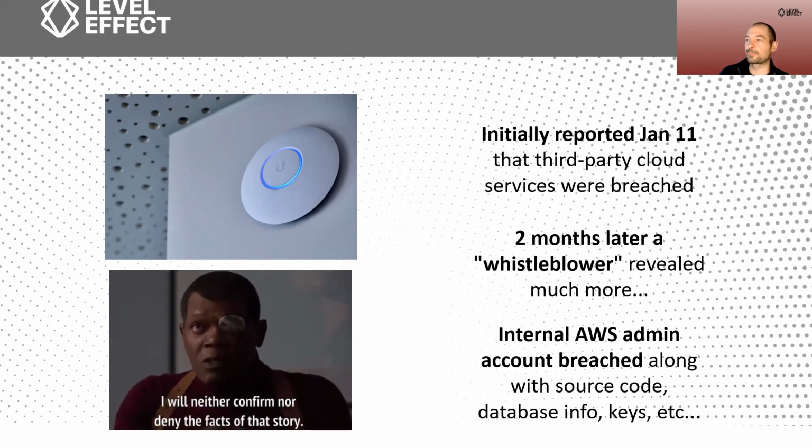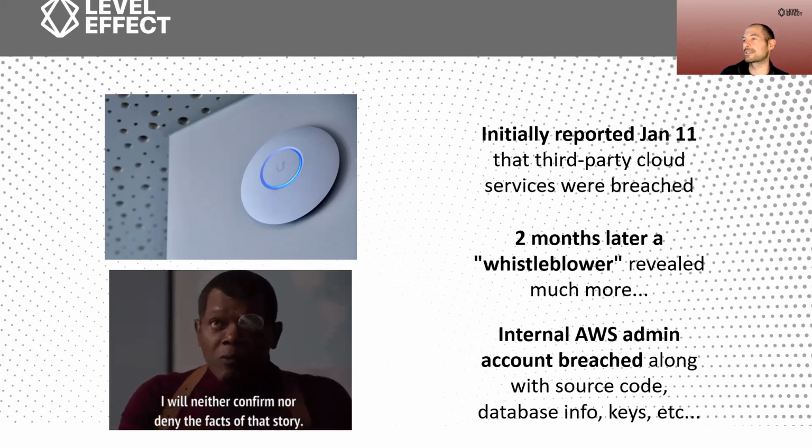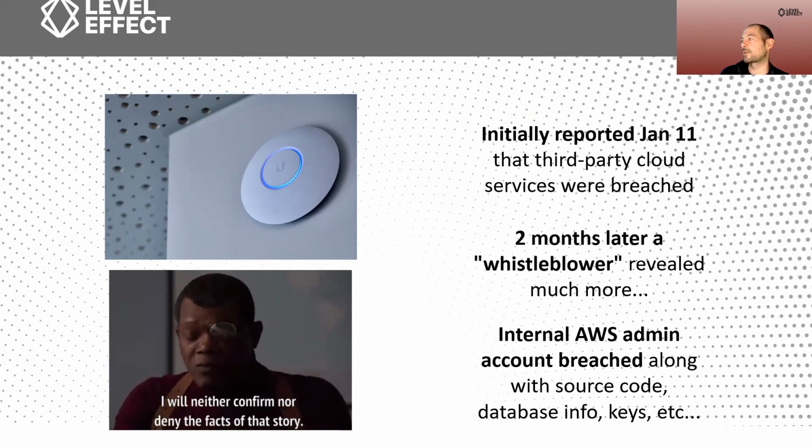This third-party cloud service provider was actually just Amazon Web Services, which provides a lot of cloud services for a lot of the infrastructure out there. Someone had gotten access into the account of someone from Ubiquiti who has administrative access to the cloud services, which in effect allowed access to source code, cryptographic keys, user logs, and databases.